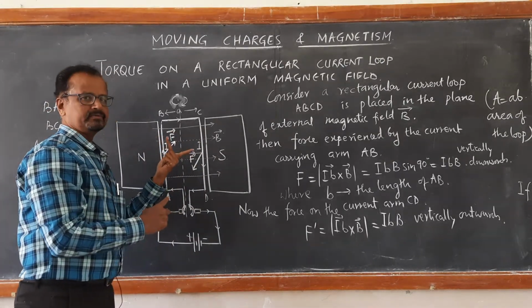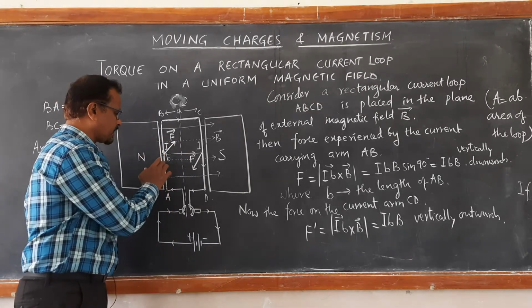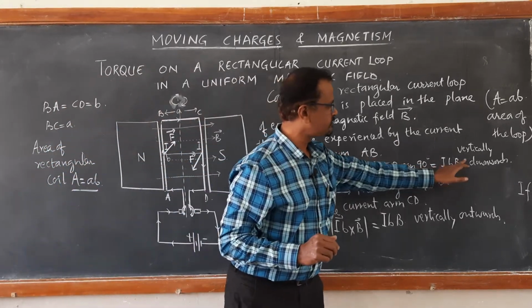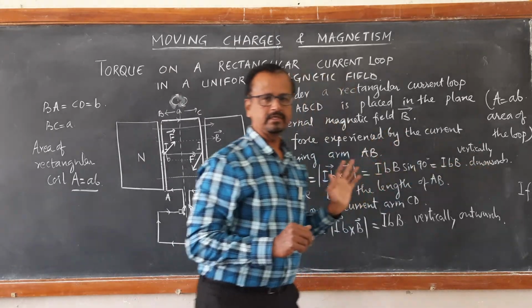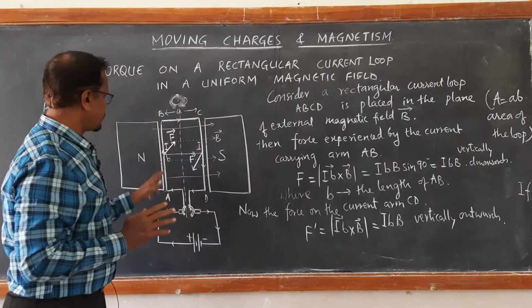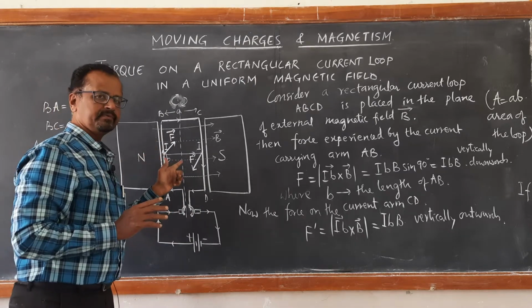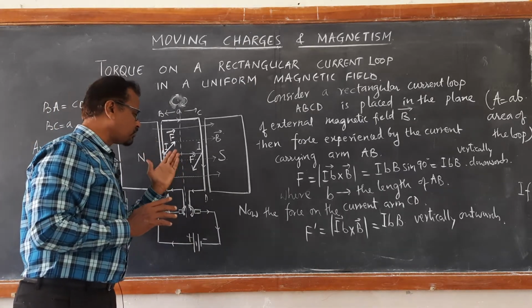The thumb points inwards means the force acting on the conductor is acting vertically inwards. So I have written I b B is the force acting, Lorentz force. So the force on this arm AB is acting vertically inwards, tending to take this arm downwards.